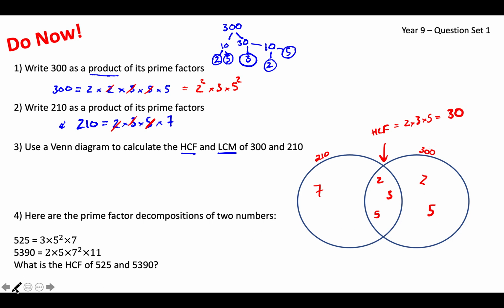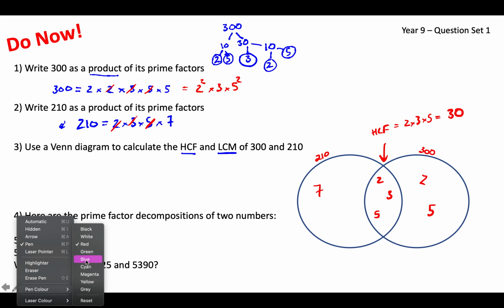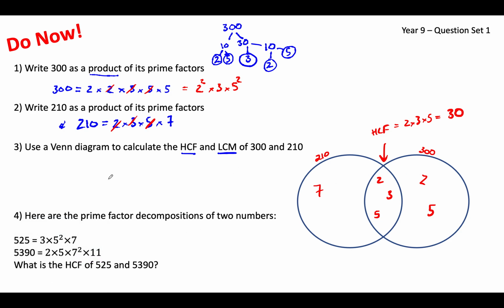Now, the lowest common multiple, let's change pen, is made from multiplying all of them together. So my LCM will be 2 times 2 times 3 times 5 times 5 times 7. So 2 times 2 is 4, times the 3 is 12, times the 5 is 60, times another 5 is 300, times the 7 will be 2,100.